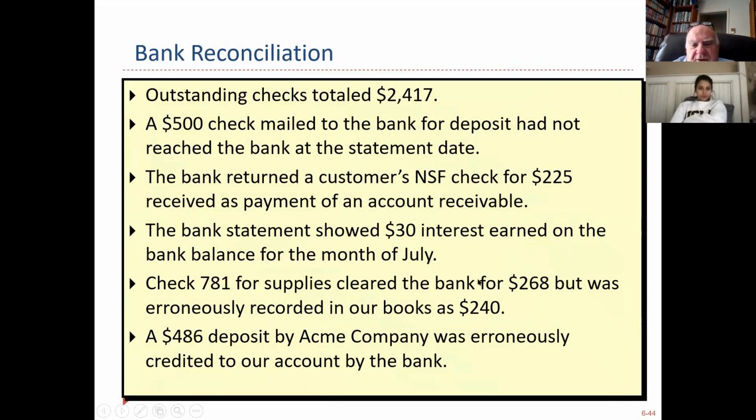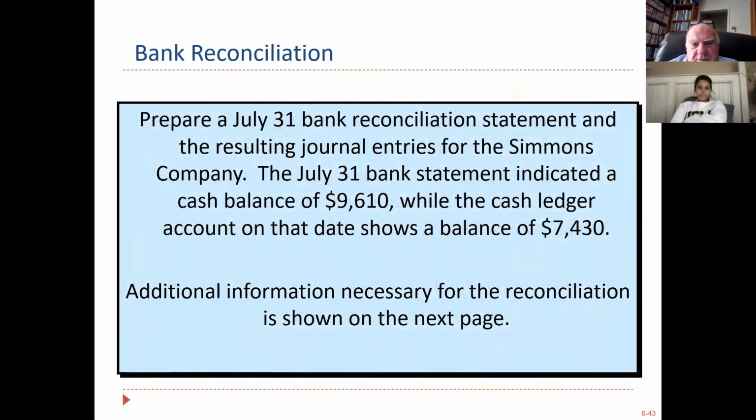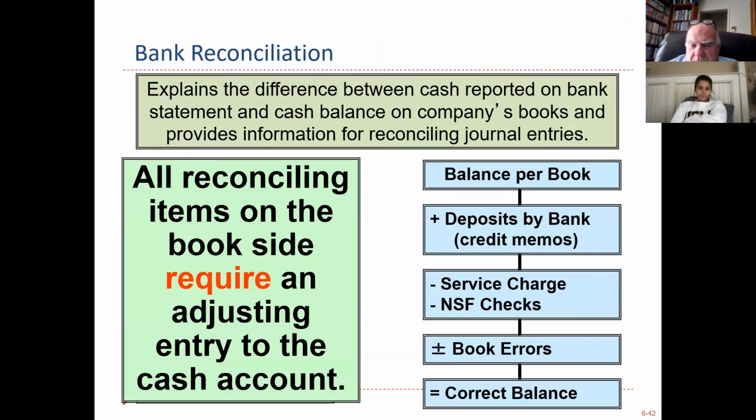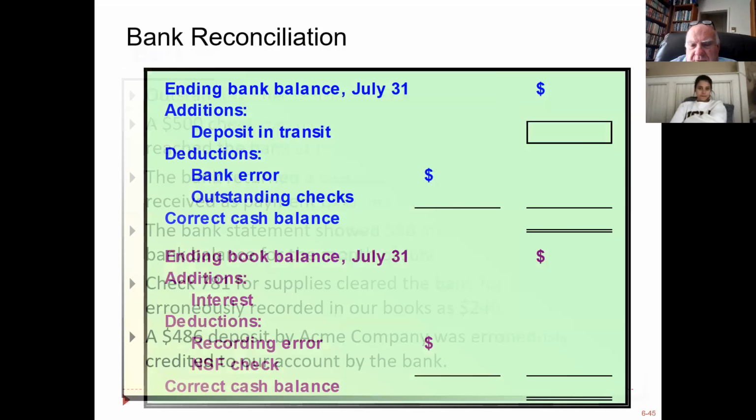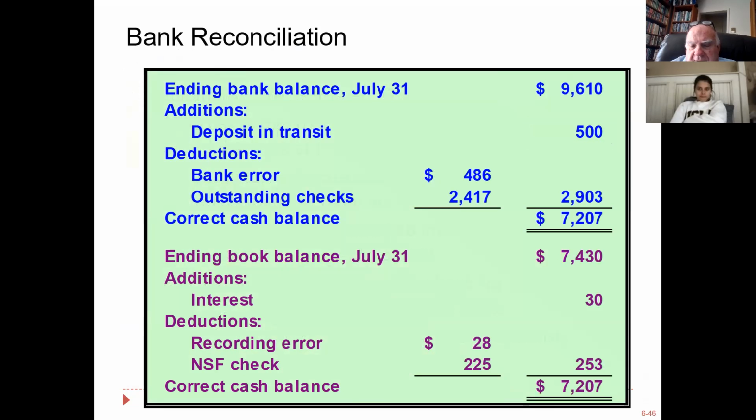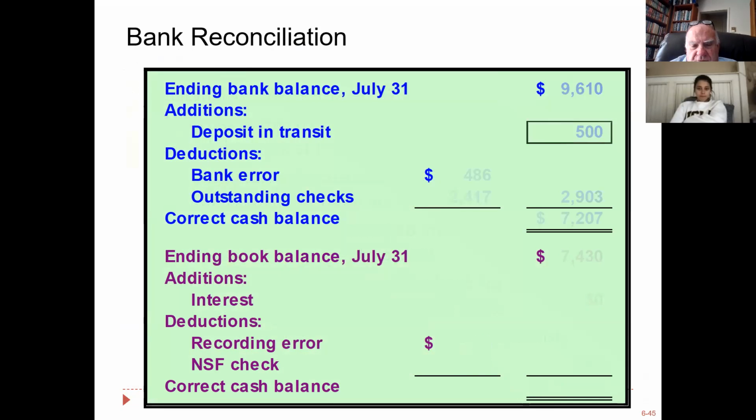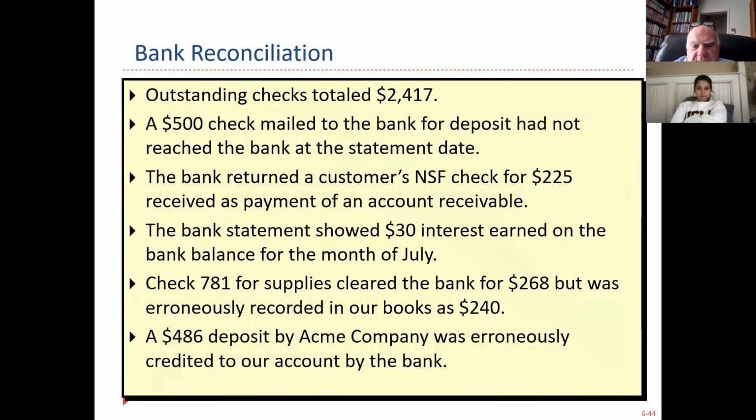And we had interest income earned. That was $30. And then I see two other numbers. I see 225. Check 781 for supplies cleared the bank for 268. In other words, we wrote a check for 268, and then when we entered it in our records, we entered it in as $240.